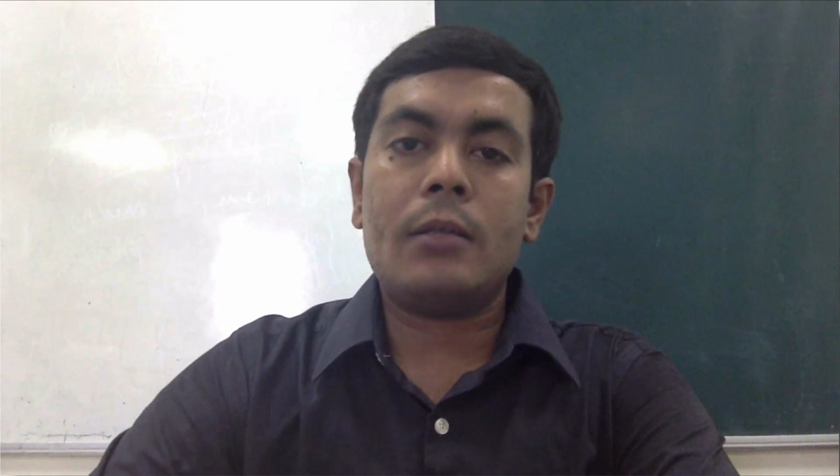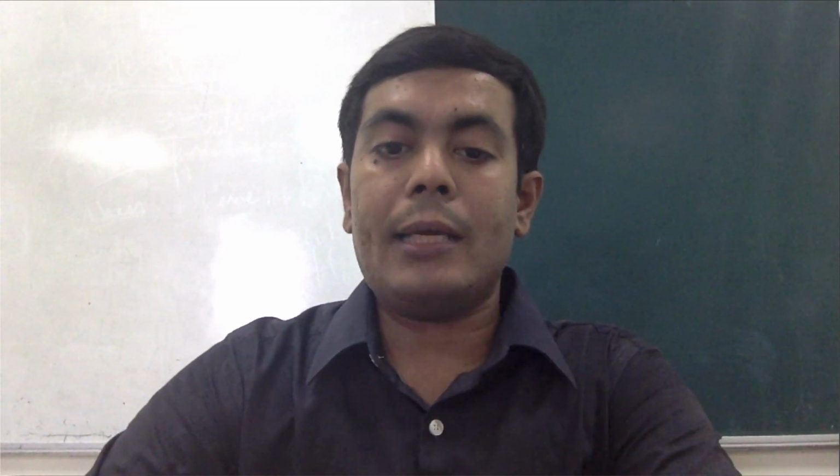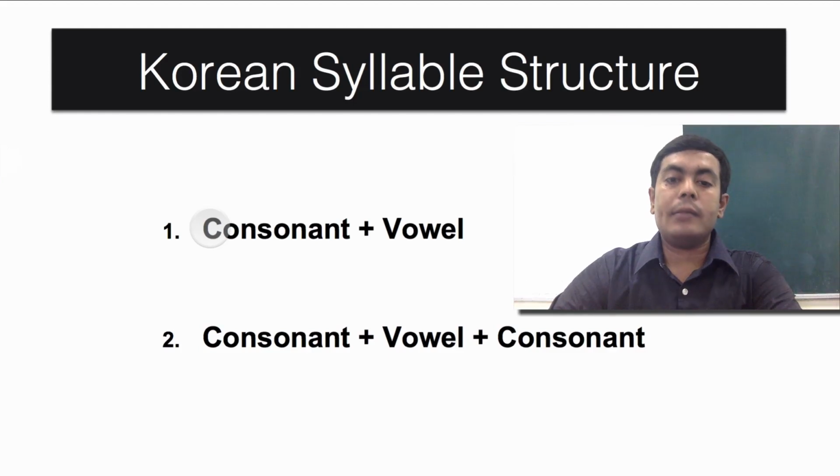Since this lesson is going to be a little longer, I have divided it into two parts so that you easily grasp the concepts presented in part 1, and let it sink in and then move to the second part. So let's start learning to make syllables in Korean language by combining vowels and consonants.